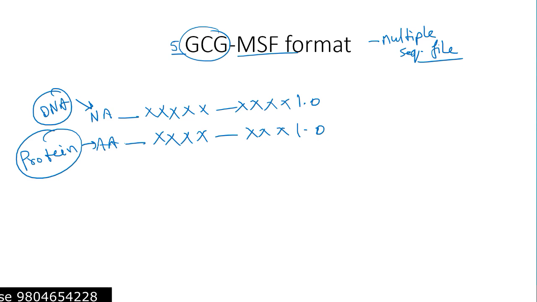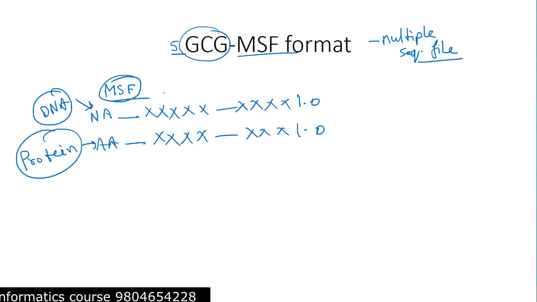Okay, but there is one more catch. In this file format the first line is mandatory and it must have MSF written there. Also, this first line indicates the sequence length, type and date. After that, the next line is mandatorily kept blank.